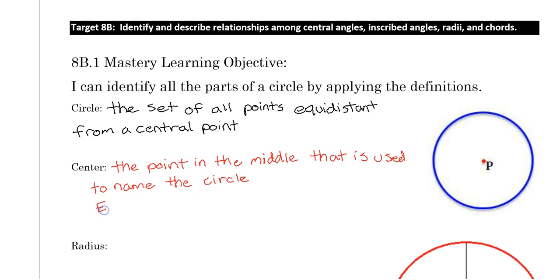For example, this is circle P. So you draw a circle with the little center point, and whatever letter is in the middle of that circle, that's the name of that circle. So this is circle P.